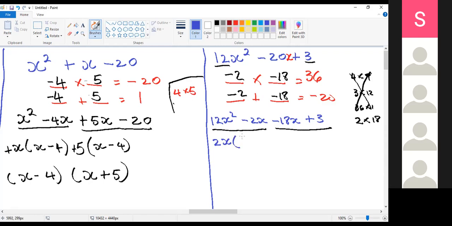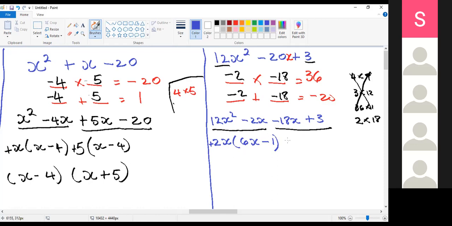So you would get 6x minus 1, because 2x into negative 2x is negative 1.